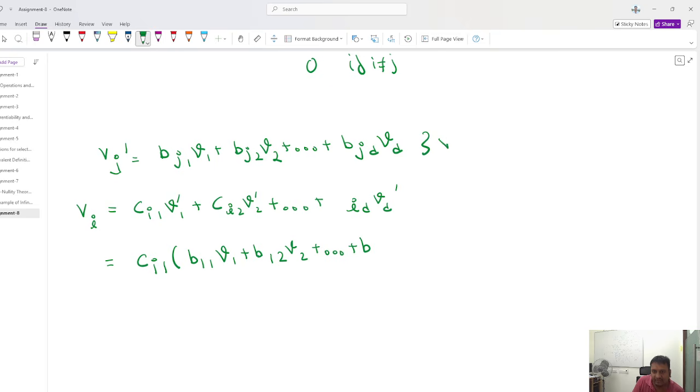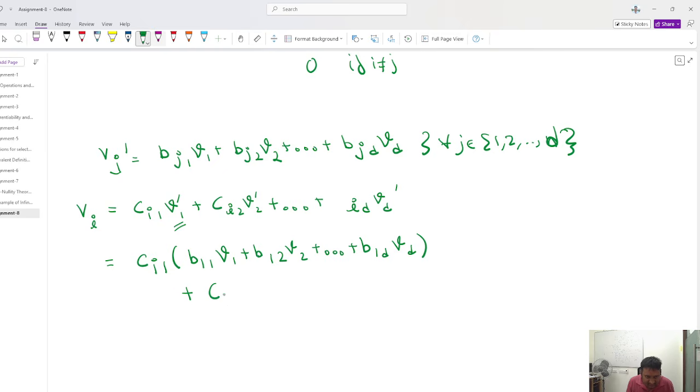This is for every j equal to 1, 2, what? N, na? Oh, sorry, D. So I'm just using it for 1, putting j equal to 1. This is not very hard. This is just fun exercises.